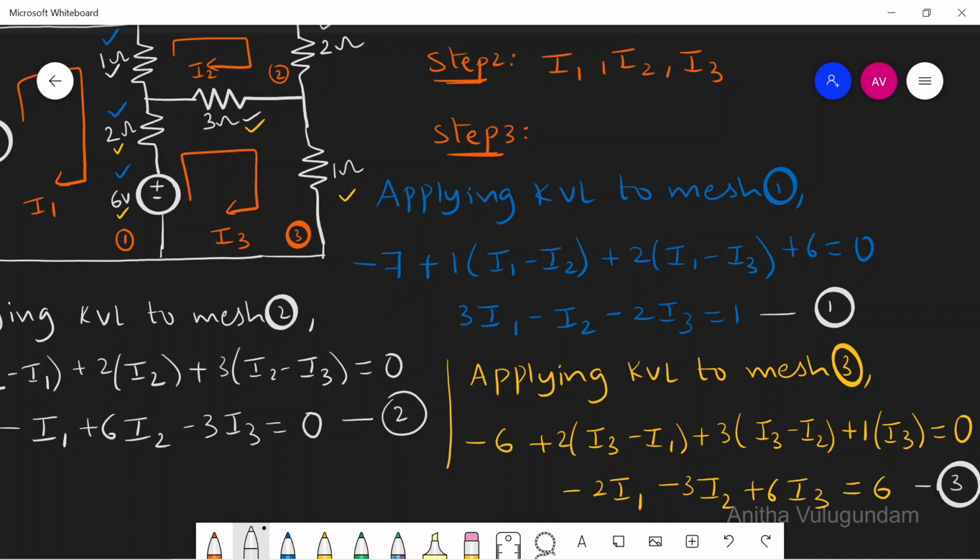We are done with writing KVL to all the meshes available in the circuit. Step 4 is to solve the KVL equation to find mesh currents.